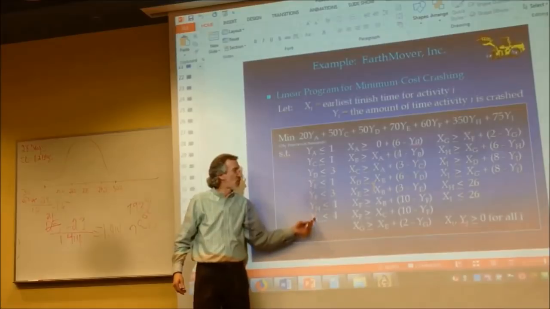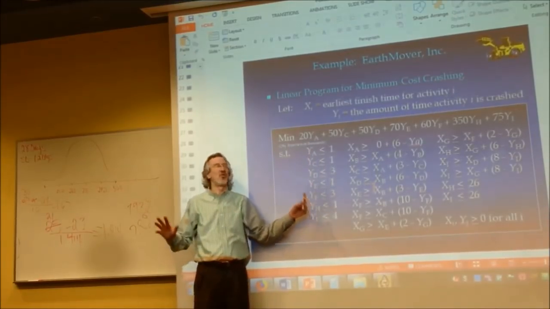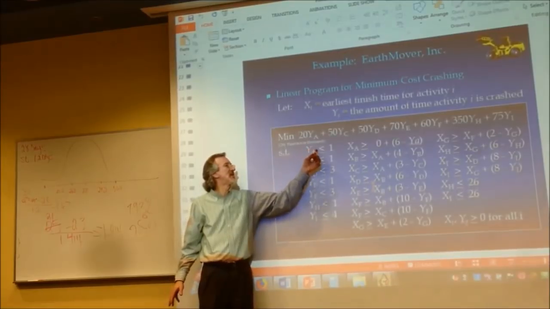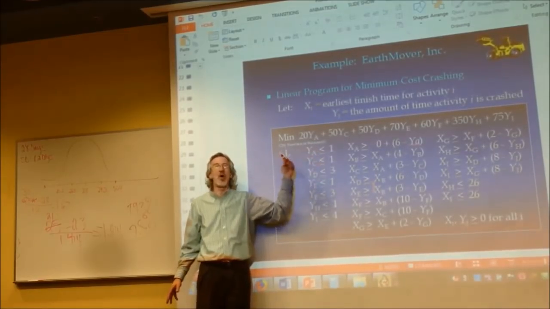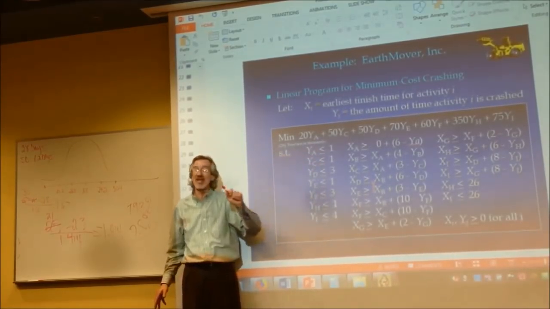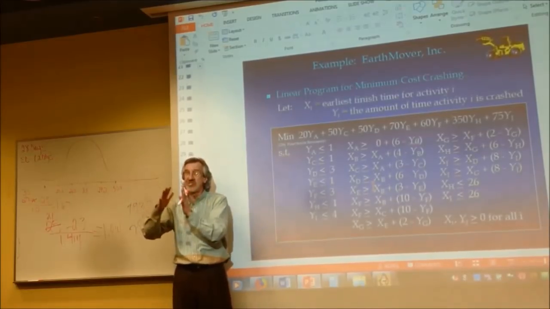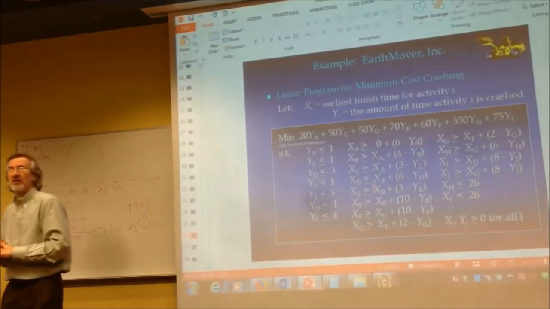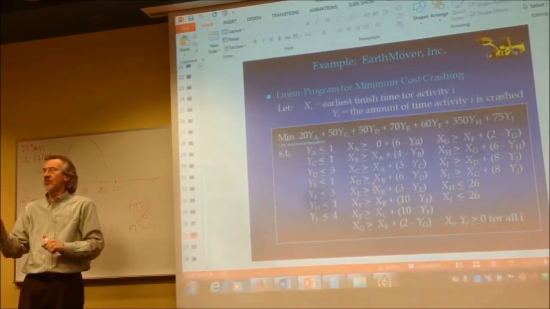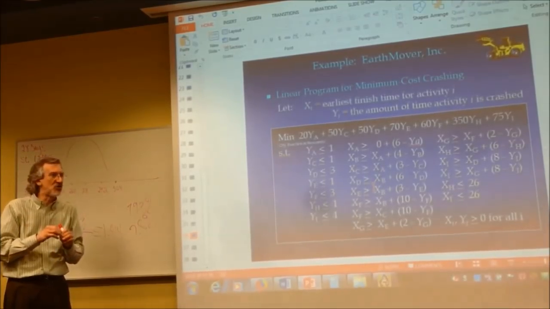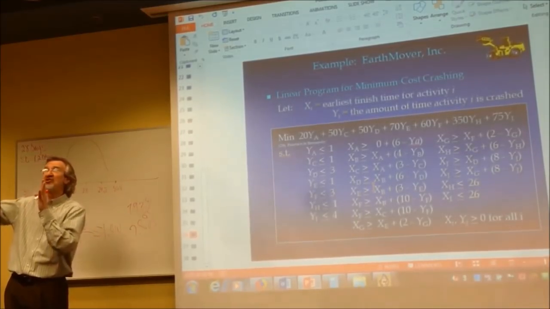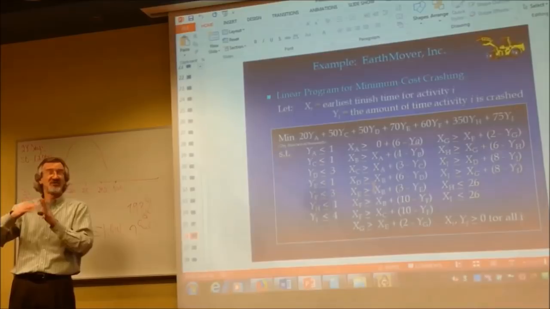The Y constraints are always less than equal to however many units of time that activity can be reduced in time. That's what crashing is all about. So the Y constraints are always less than equal to however many units of time that activity could be reduced, called crash.